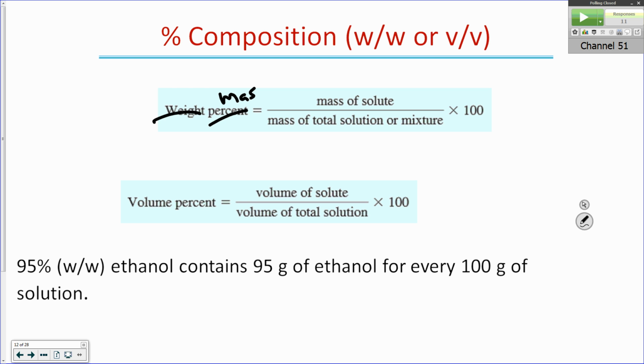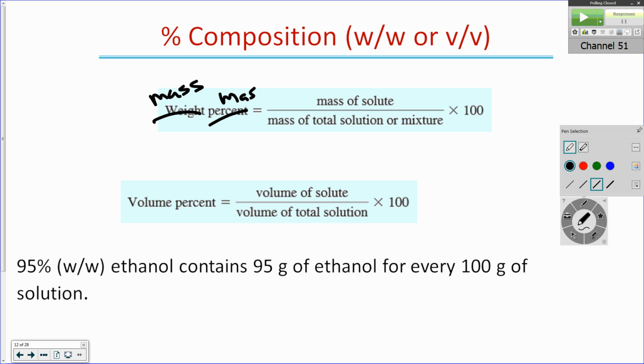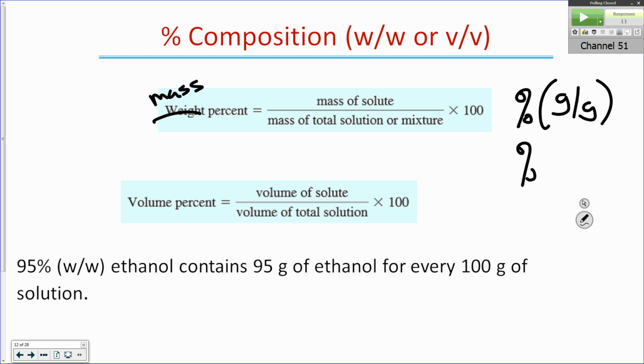Should be percent mass instead of percent weight, but these are the author's words, not mine. And we still say weight percent. But the key thing is it's going to be represented by typically grams over grams. We have to show some way what it is. So when you say percent, you're going to put grams over grams, or you're going to put percent m, which is mass.